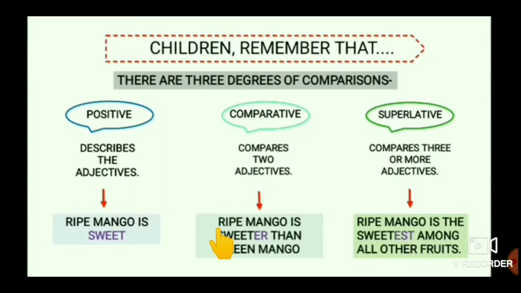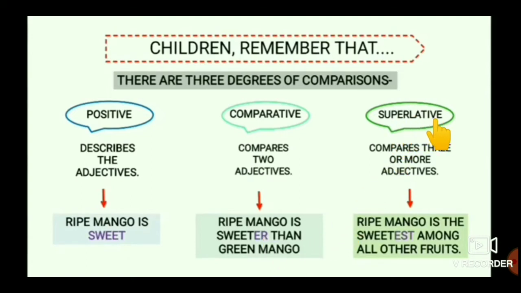For example, ripe mango is sweeter than green mango. Observe, children, between these two mangoes the comparison is made. That's why we use the adjective sweeter, that means we add the ER form to the adjective. Understood? Next one.